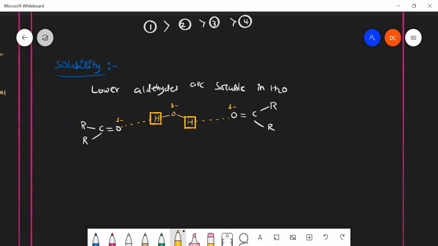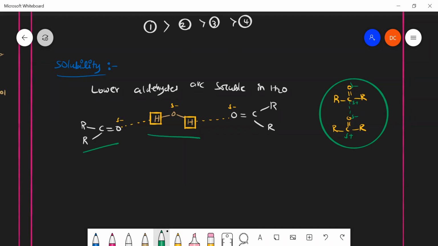If two ketones, R-CO-R, are there, they have slight positive and slight negative charges, and there is no chance of hydrogen bonding, only dipole-dipole interaction. But with water, it forms hydrogen bonding. That is why it is slightly soluble in water. So there is a little solubility for lower aldehydes and ketones. Higher members are generally insoluble.